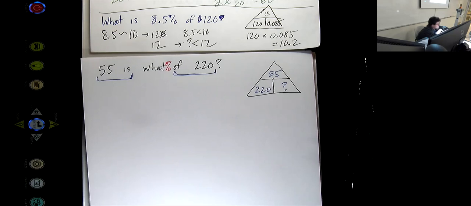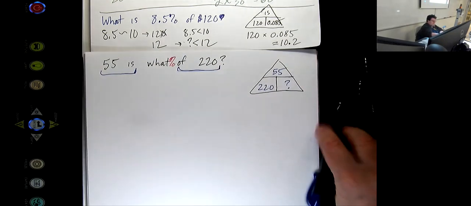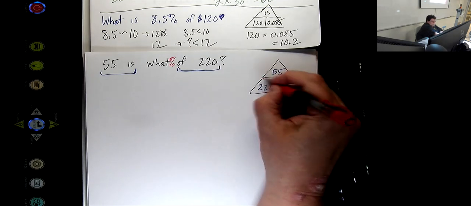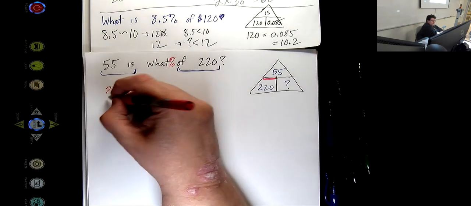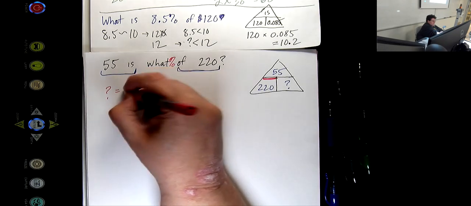Do we have to turn the 55 into decimal? No. Just the percentage is shifted to a decimal. Let's finish working it out, you see where it's going. So this looks like a fraction. So my question mark is 55 over 220.